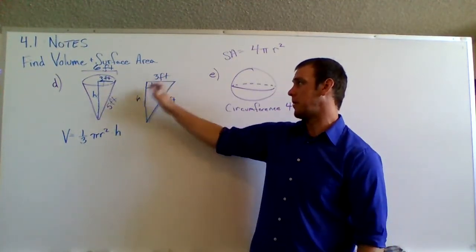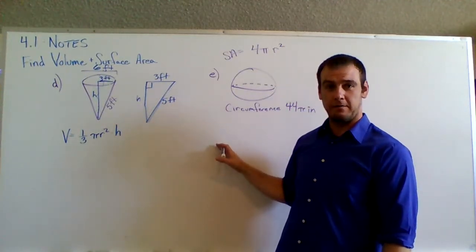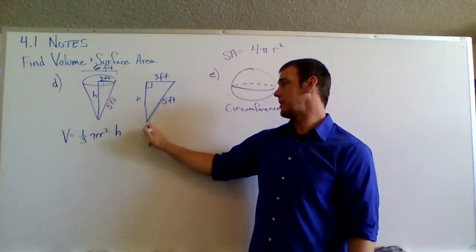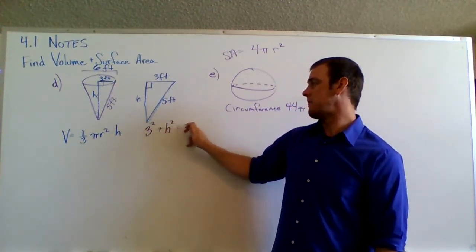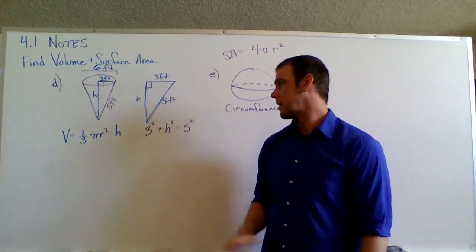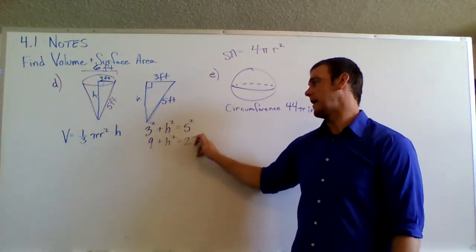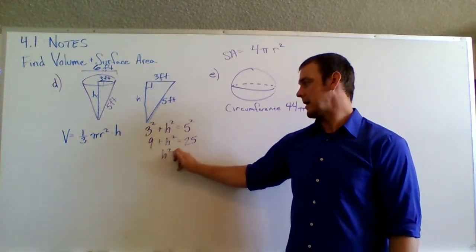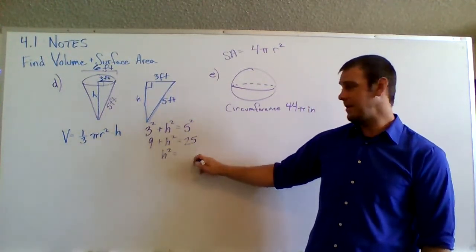Remember, it doesn't matter quite how you set this up as long as your hypotenuse is the one by itself. So we're going to have 3 squared plus h squared is going to equal 5 squared, which means 9 plus h squared equals 25. h squared is going to equal, minus 9 on both sides, we get 16.